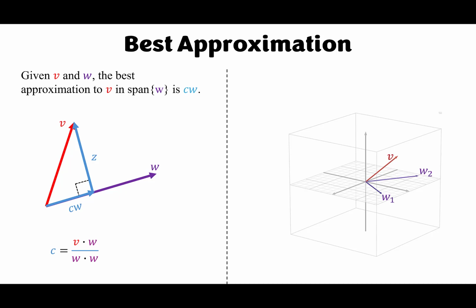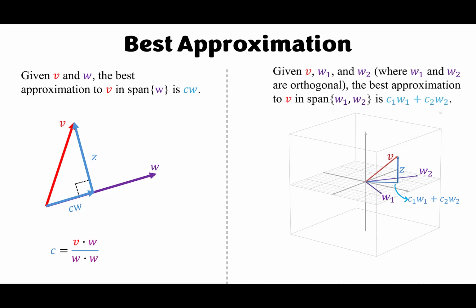If you were given these vectors v, w1, and w2, then we found this linear combination of w1, w2, so c1 w1 plus c2 w2, and this perpendicular vector z. And a very analogous thing, given v, w1, w2, where w1 and w2 are orthogonal, the best approximation to v in the span of w1, w2, so that's a plane as shown in the picture, the best approximation is c1 w1 plus c2 w2.